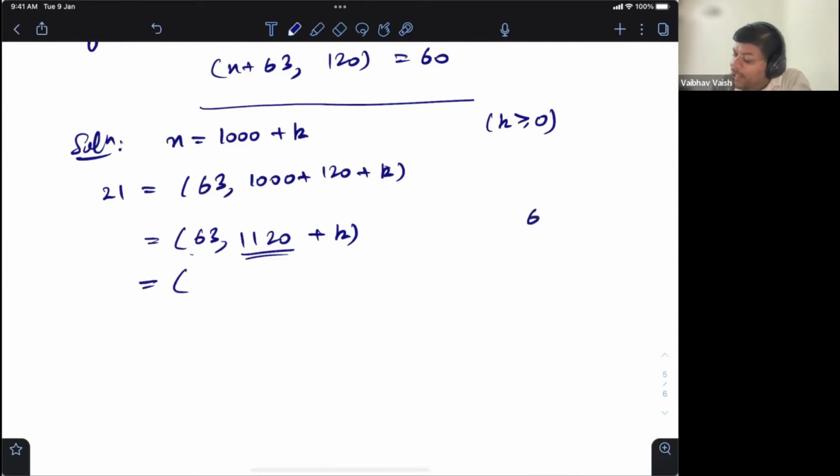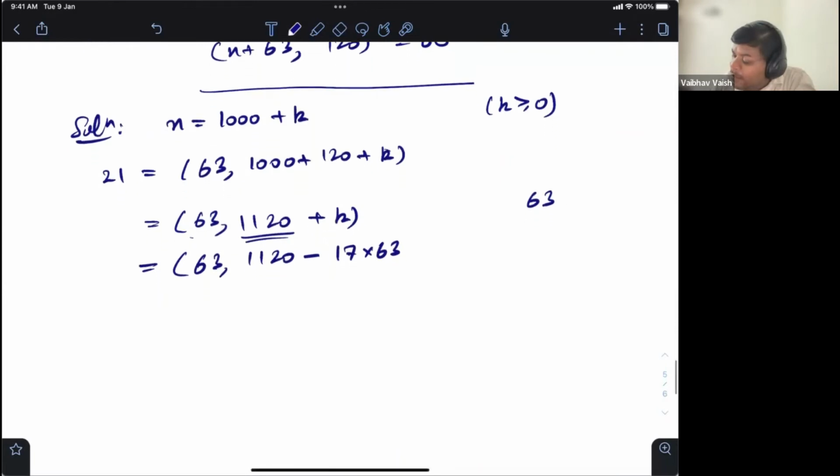So we have to divide 1120 by 63. So 63 into 17. I'm cheating a bit, I'm using calculations on a computer to speed this up. Minus 17 into 63 plus k.